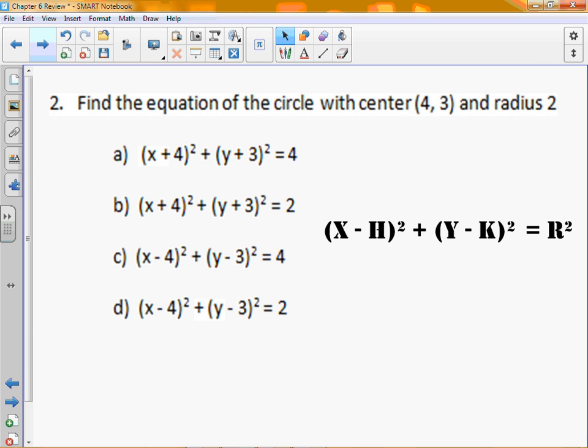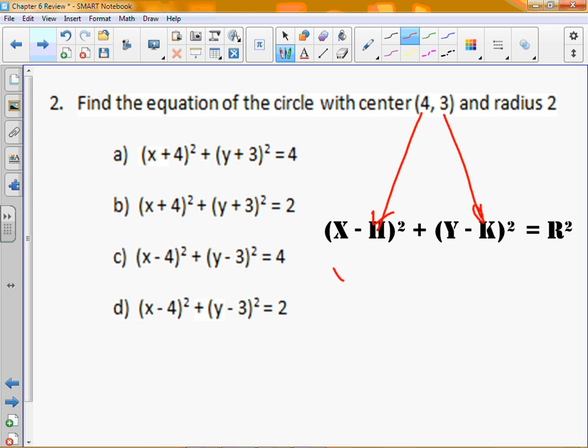Guys, look, in number 2, when it says the center is at 4 and 3, and you put that number in there over and over again, I've been saying, don't forget when it's in parentheses, you have to take the opposite of it. So I just put a 4 right there. When I put a 4 right there, that leaves me with x minus 4 squared. Coach Hill, you plugged in a negative.